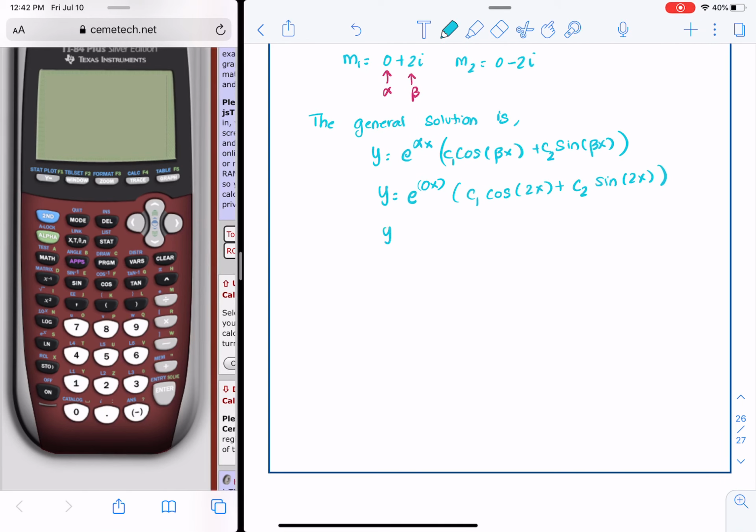So the solution is C1 cosine 2x plus C2 sine 2x. Of course, we need the first derivative, so y prime is minus 2 C1 sine 2x plus 2 C2 cosine 2x. Now, use the initial conditions.